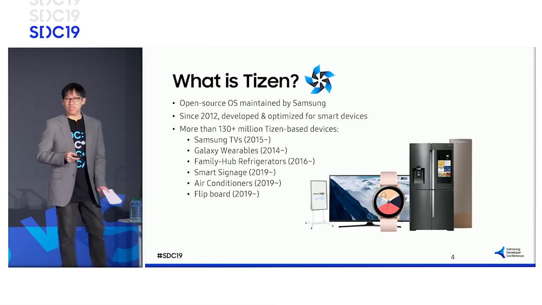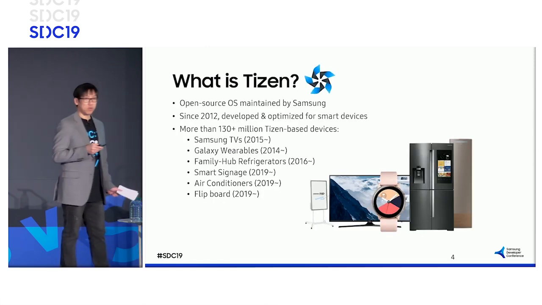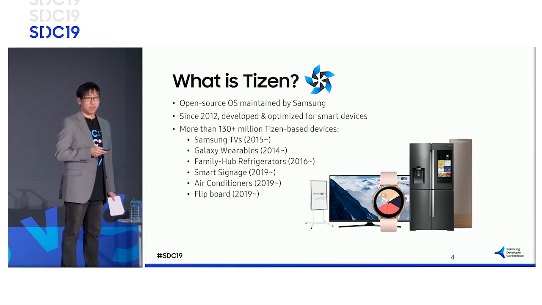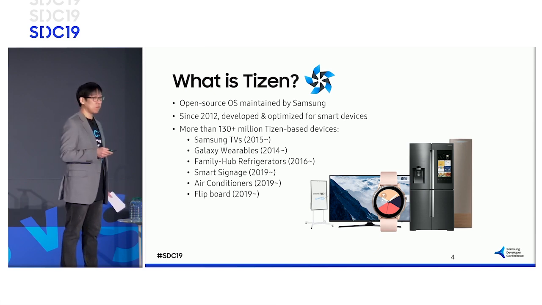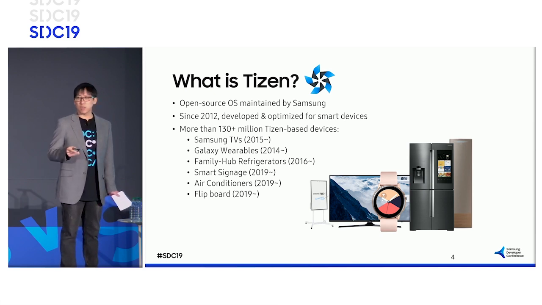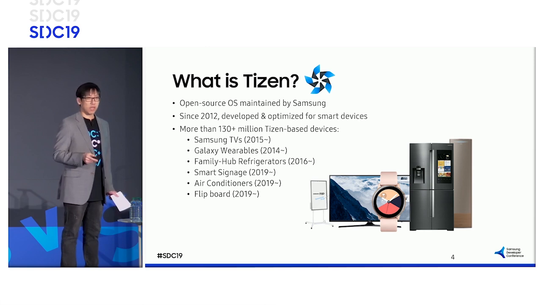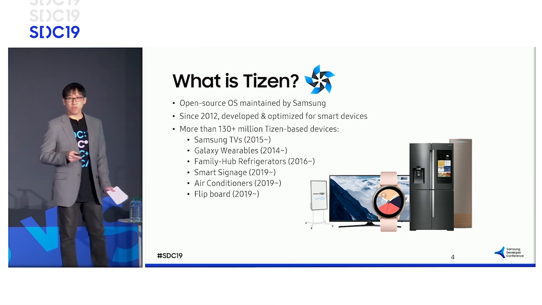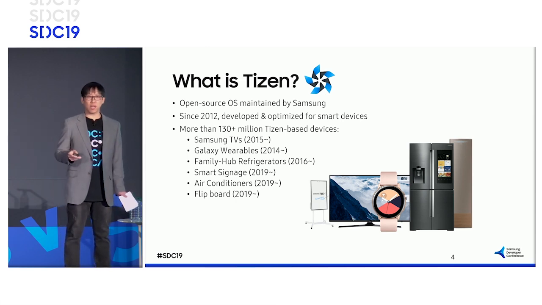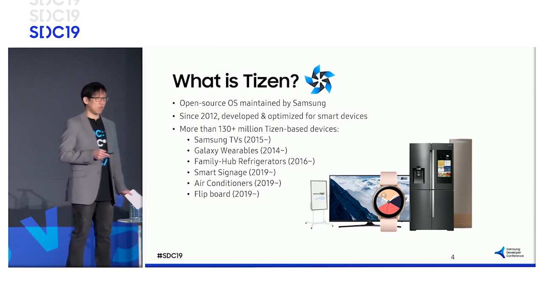So first, what is Tizen? Tizen is an open source OS maintained by Samsung. Since 2012, we designed and developed an optimized Tizen platform to run on smart consumer electronic devices and wearable devices. You may know Tizen as the OS for Samsung Smart TVs and Galaxy Watches, but there are many more devices running Tizen.